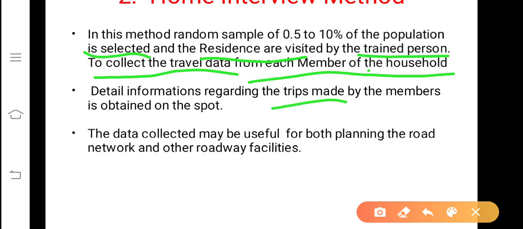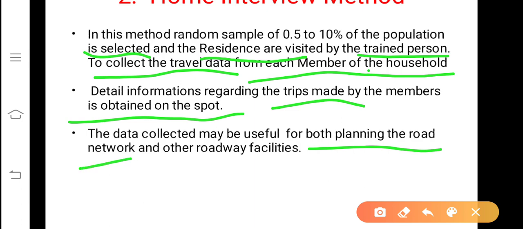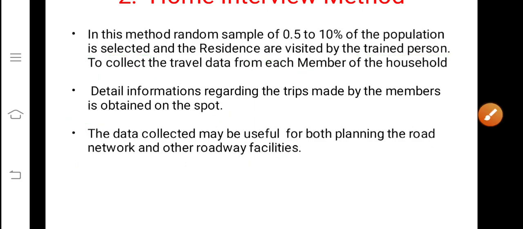Detailed information regarding the trips made by the members is obtained on the spot. The data collected may be useful for both planning the road network and other roadway facilities. Where existing facilities are inadequate, they are required to be enhanced or upgraded so that it will be convenient for the people.